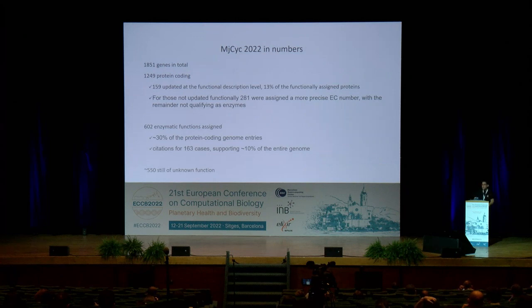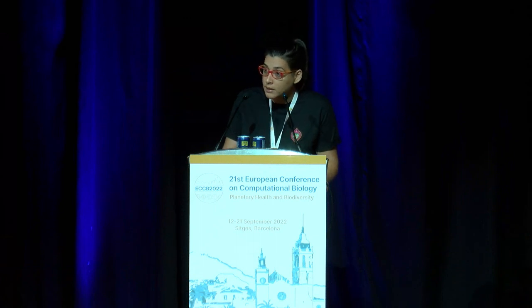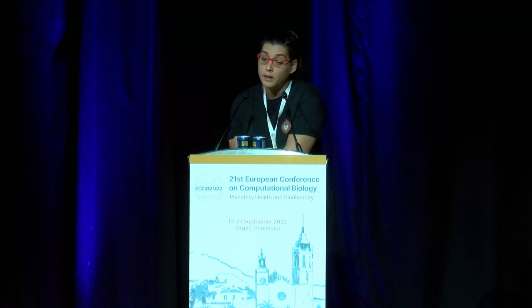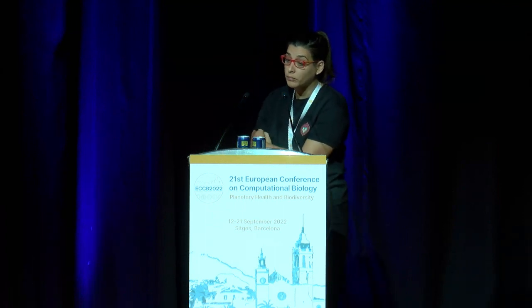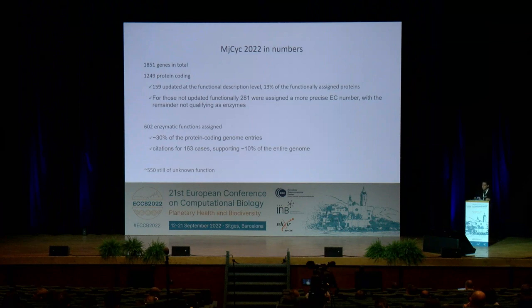So the results of this review are that we have 1,249 protein coding genes, and we had 159 genes updated at the functional description level, and that is almost 13% of the functionally assigned proteins. Of those not updated functionally, we had 281 that were assigned a more precise EC number.